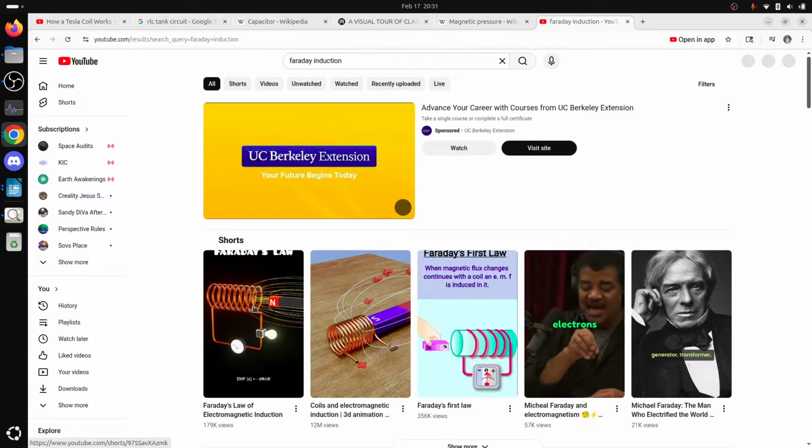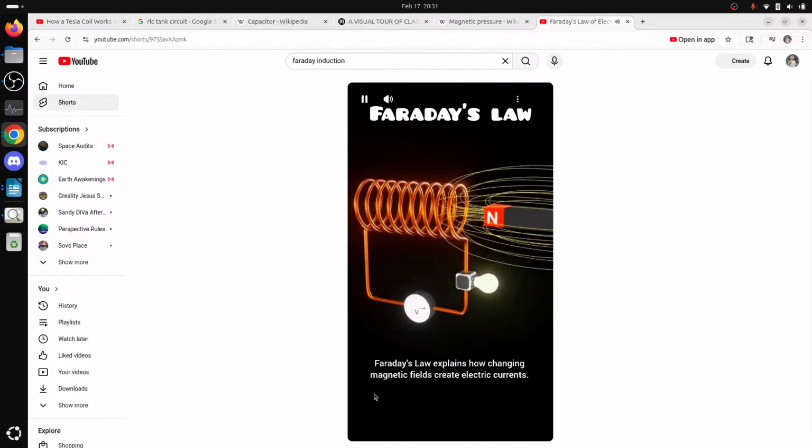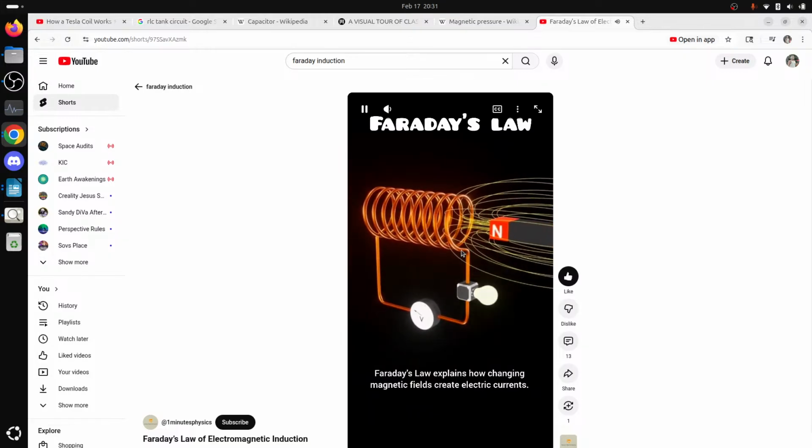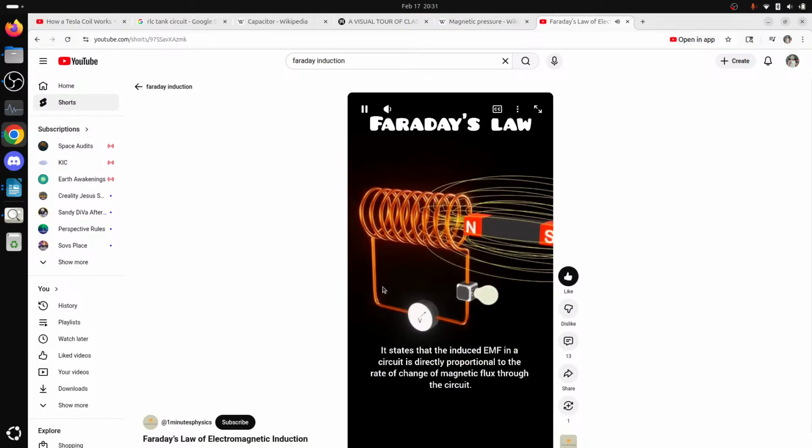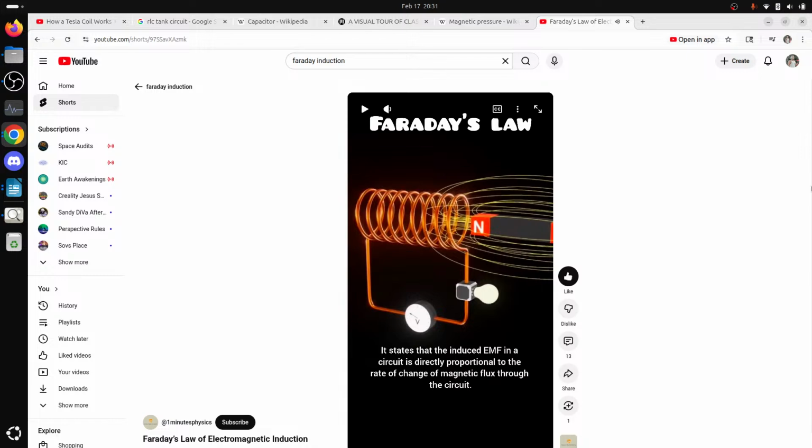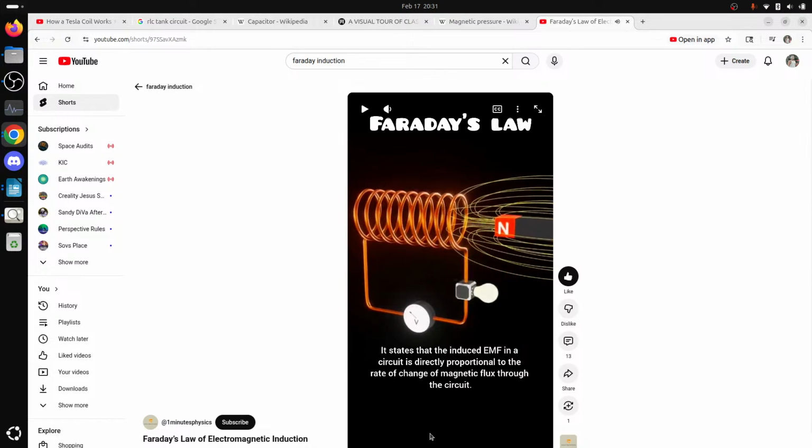Bam. Faraday's law explains how changing magnetic fields create electric currents. It states that the induced EMF. How can I move this? I want to mute it, but it won't let me do that. Want to move it? That's weird.